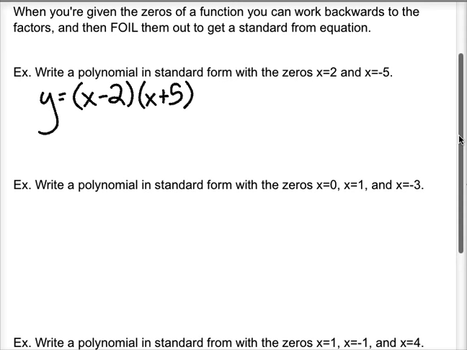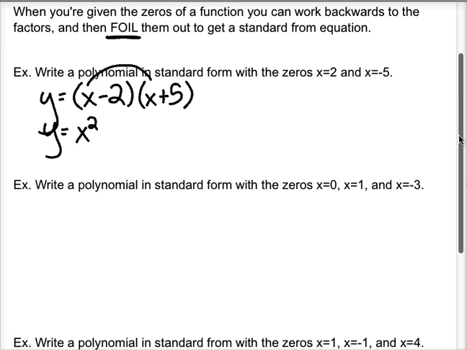Now, unfortunately, we can't leave it this way. Unfortunately, they do want it in standard form. So standard form means a big thing in this lesson is going to be foiling it out, because that's how we get things in standard form.